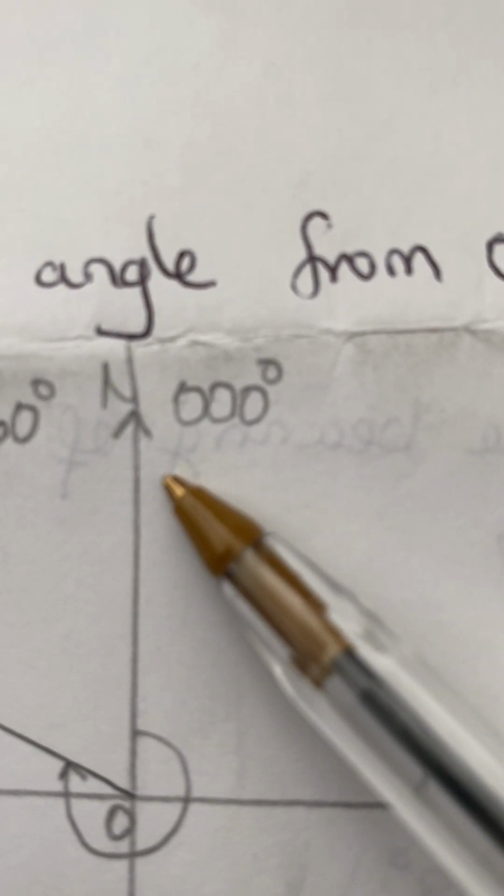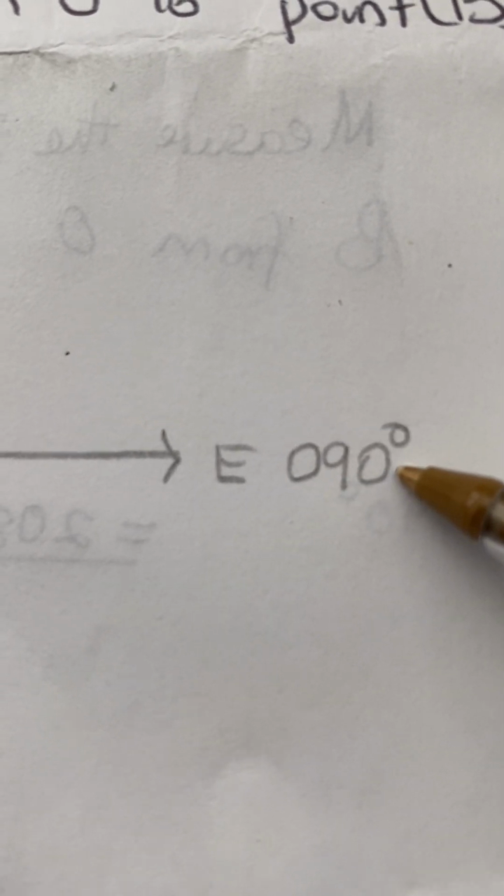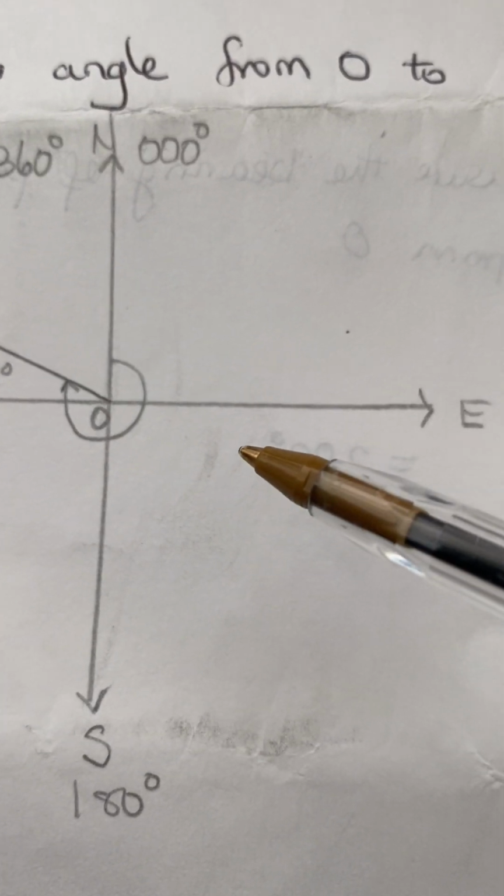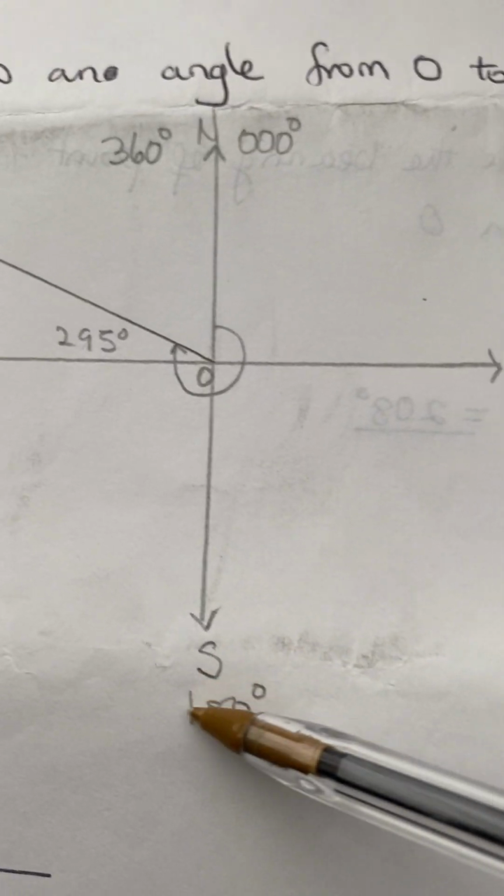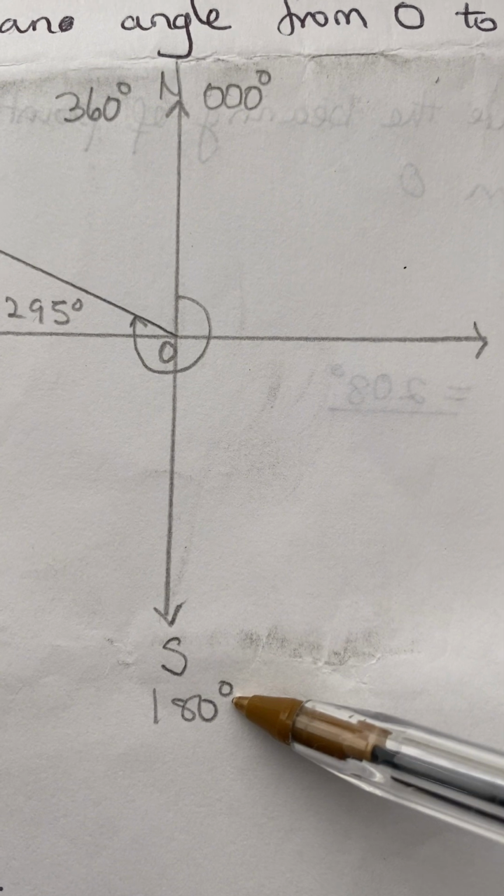Our first quadrant is from 000 to 090. Second quadrant is from 090 to 180 degrees.